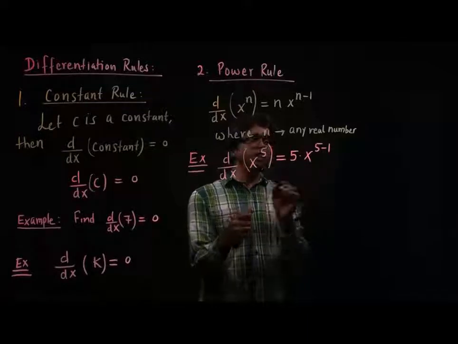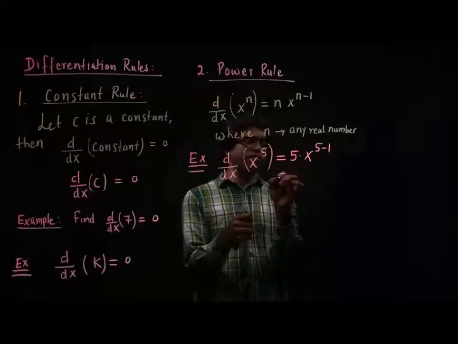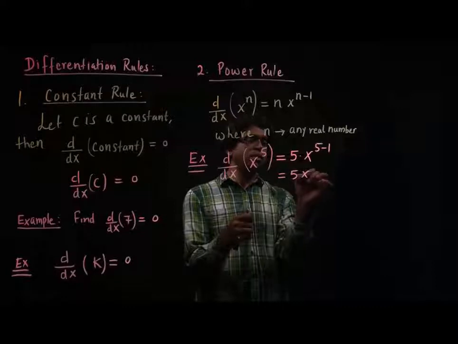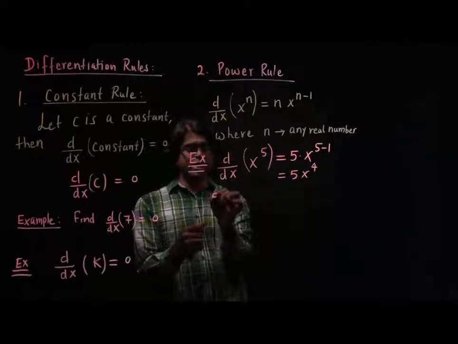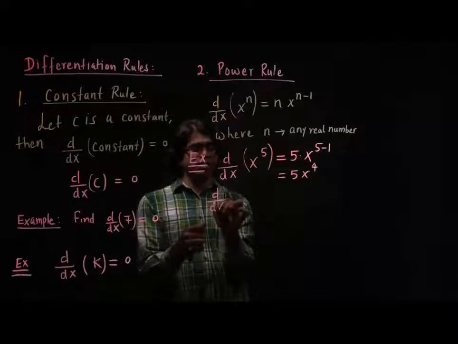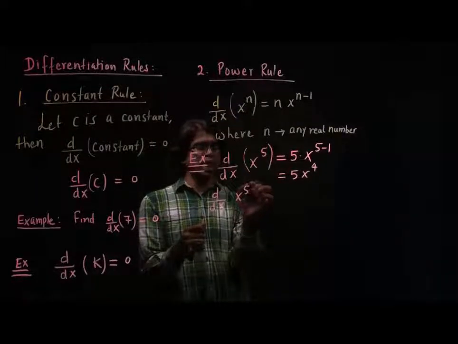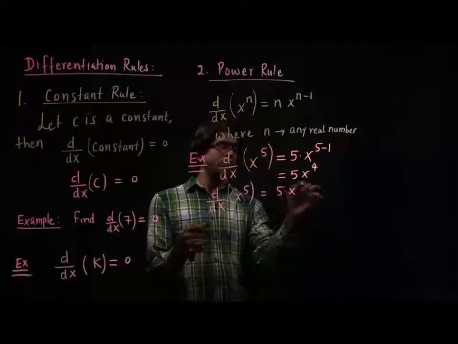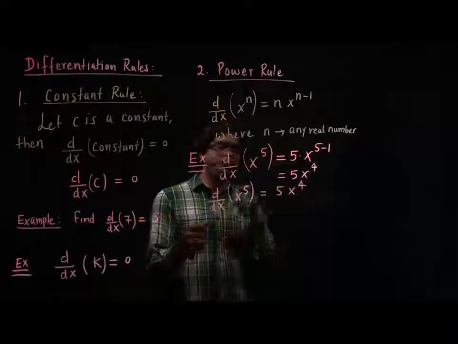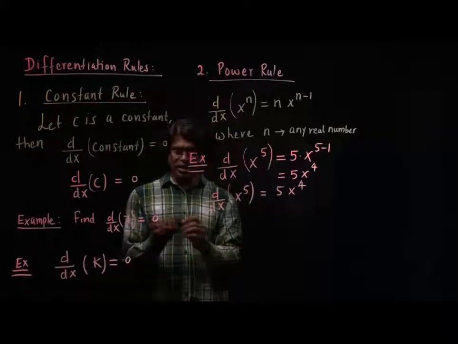And 5 minus 1 is what? 4. So I will write 5 x to the power 4. Which means that d by dx of x to the power 5 is 5 x to the power 4. Right?